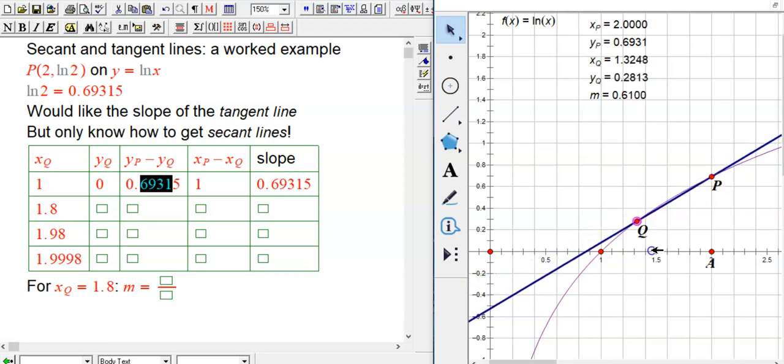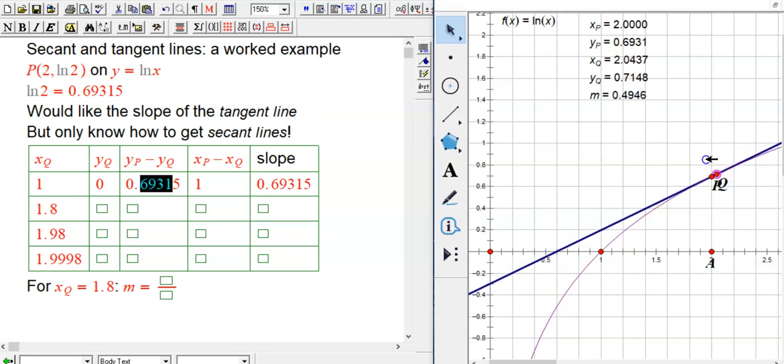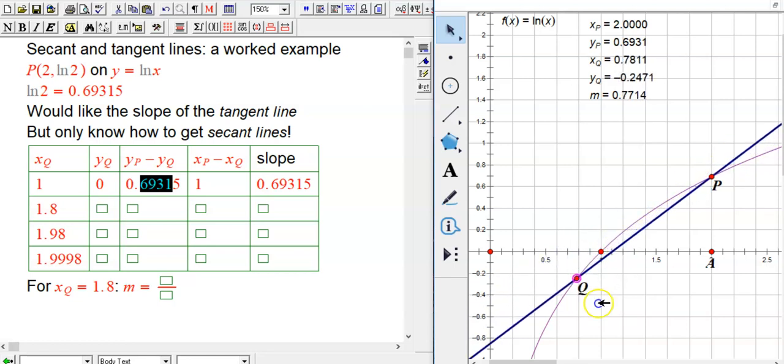What you notice, and this is what people typically see, is that when Q is near P, it really doesn't change very much. It looks a whole lot like a line that is going exactly in the same direction as the curve and is just barely touching it at that point. We're going to call that the tangent line, and the slope of that tangent line is basically our definition for the slope of this curve at the point P.